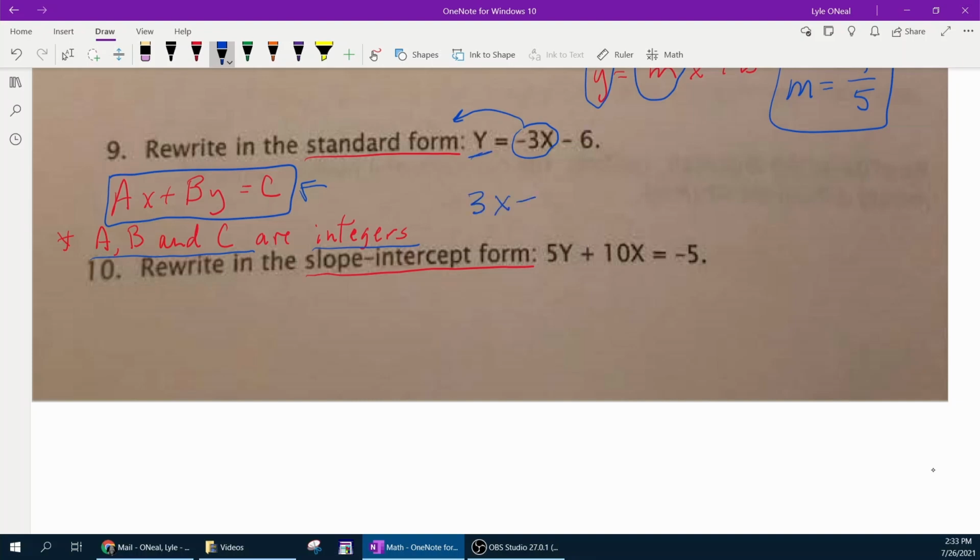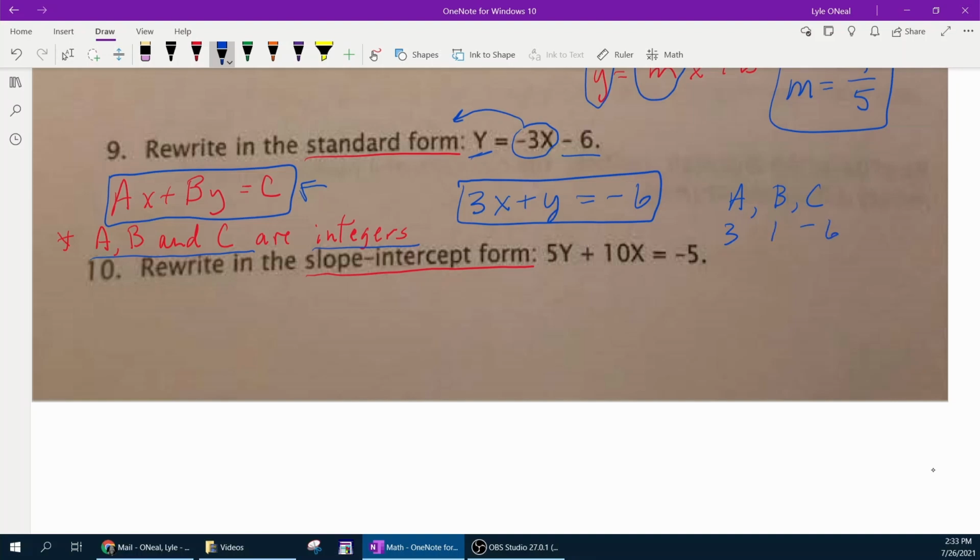Our y was understood to be positive already, so that would be plus y equals -6. And this is standard form. That is now ax plus by equals c. And now if I wanted to, I could get the values for A, B, and C. Just for fun, that would be 3, 1, and -6.